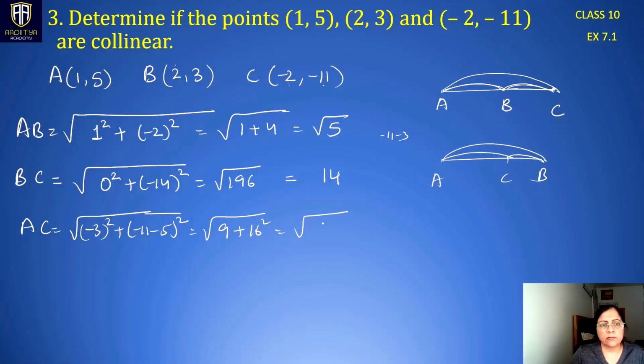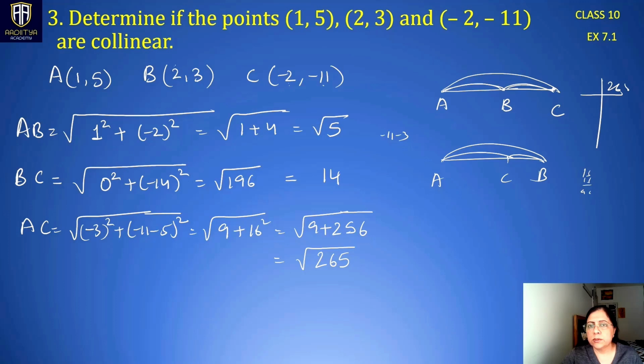So we have 9 plus 16 squared. 16 squared is 256. So this becomes 256 plus 9, which is 265. Right? Now if you can simplify this, this is the square root of 265.